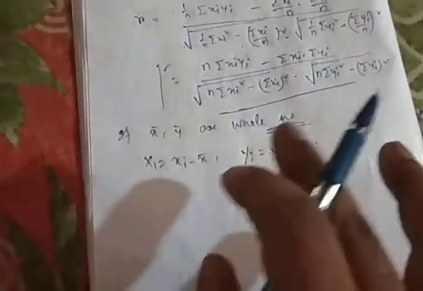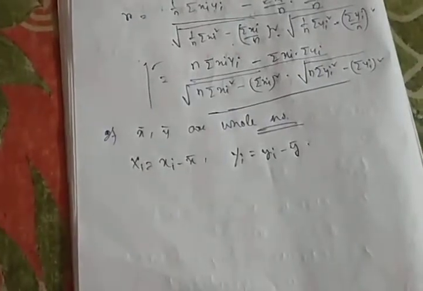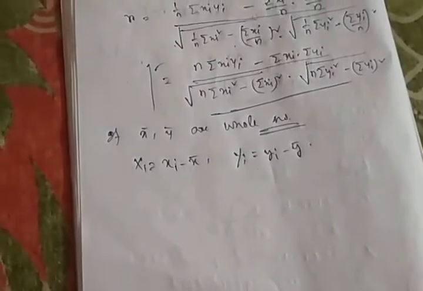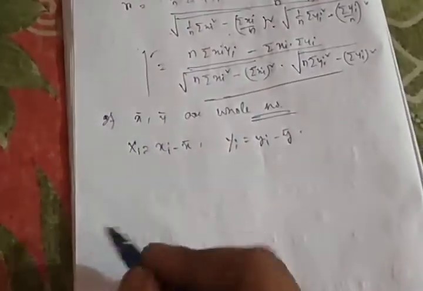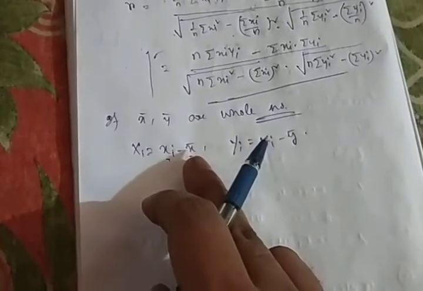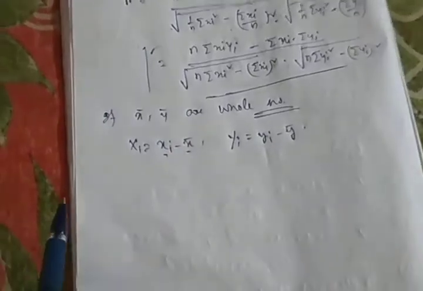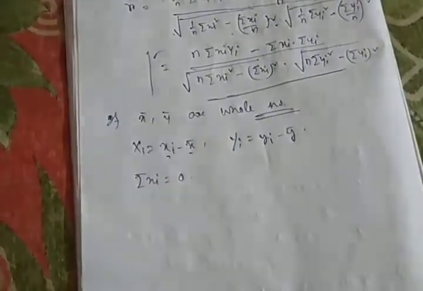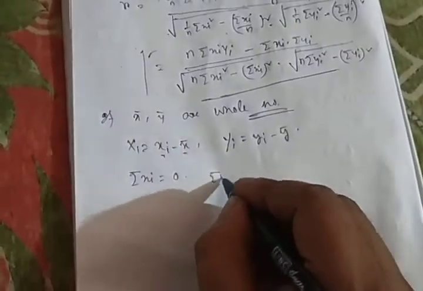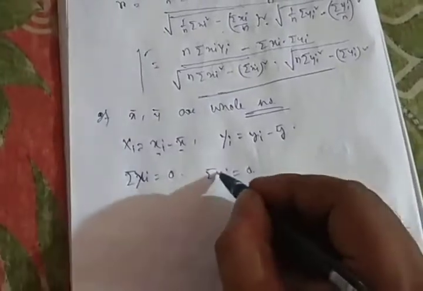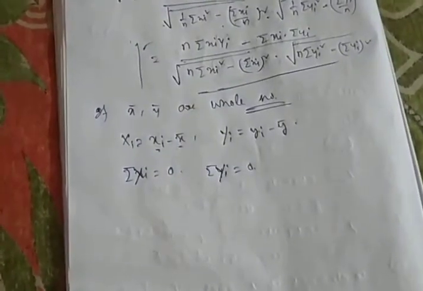We calculated this in the previous semester, our first semester classes: as the deviation is taken from the mean of the variable, summation of capital X will always be 0 and summation of capital Y will always be 0.